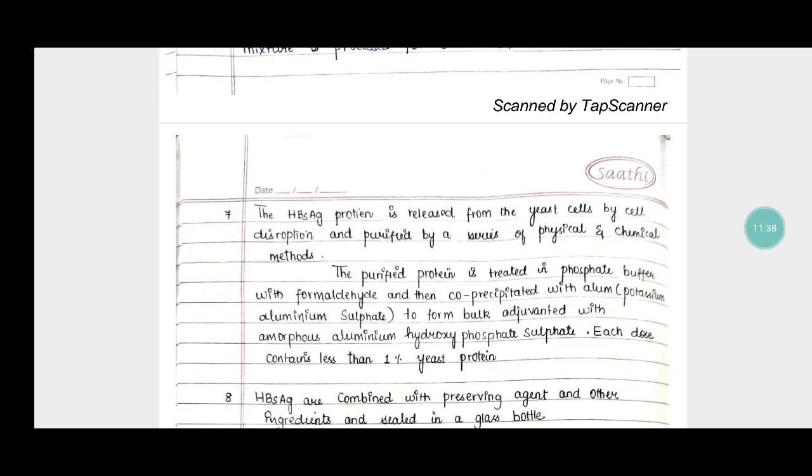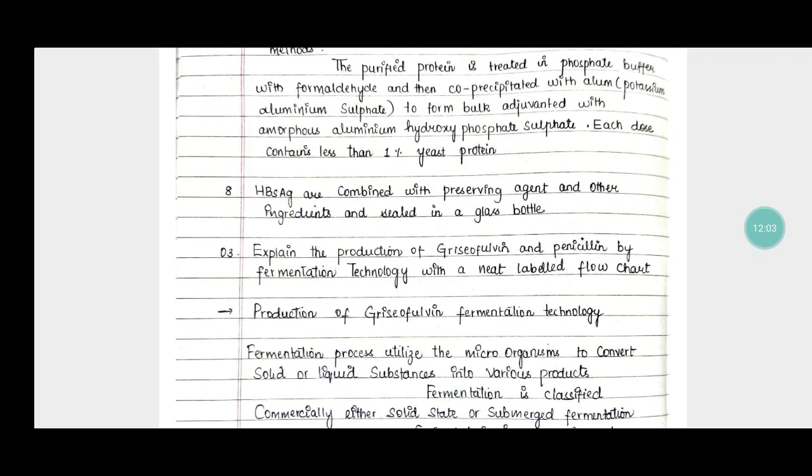The purified protein is treated in phosphate buffer with formaldehyde and then co-precipitated with alum, that is potassium aluminium sulfate, to form a bulk adjuvant with amorphous aluminium hydroxyphosphate sulfate. Each dose contains less than 1% of yeast protein.